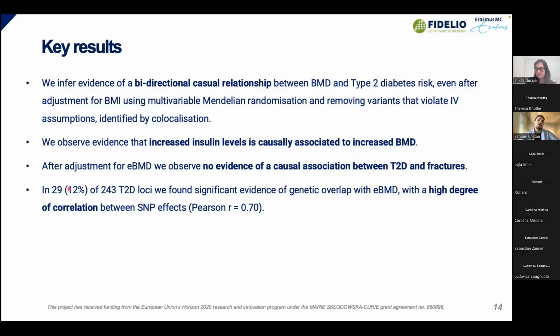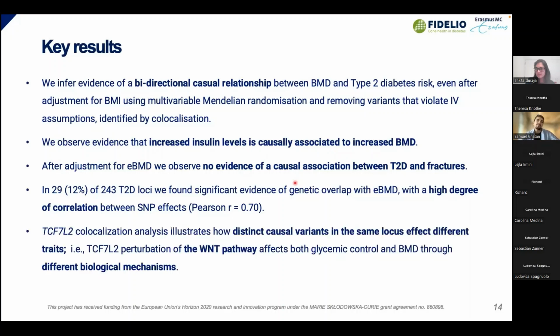We observe overlap at 29 loci between type 2 diabetes and bone mineral density. And at the TCF7L2 locus, we observe distinct causal variants that are affecting the gene in different pathways, which shows that perturbations in this transcription factor affect glycemic control and bone mineral density through slightly different biological mechanisms.